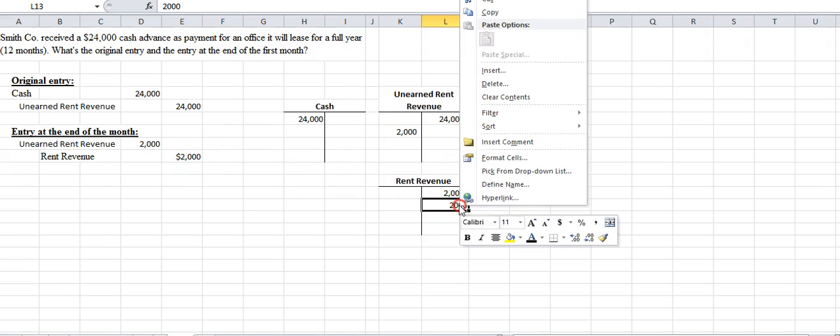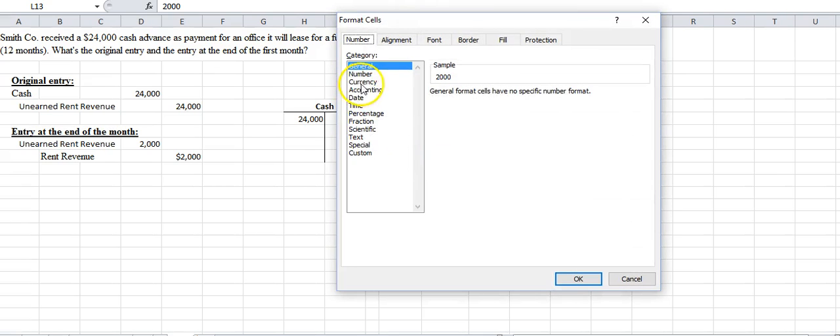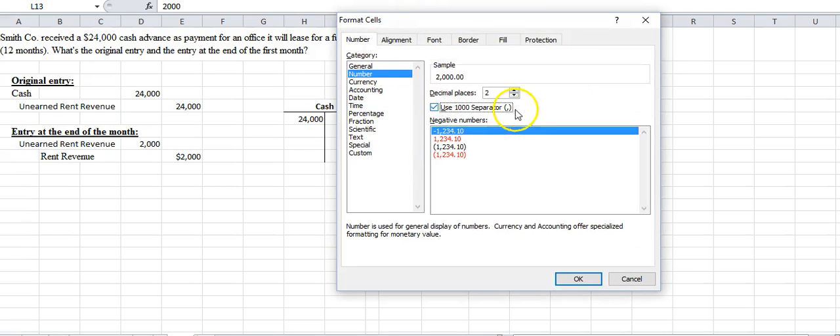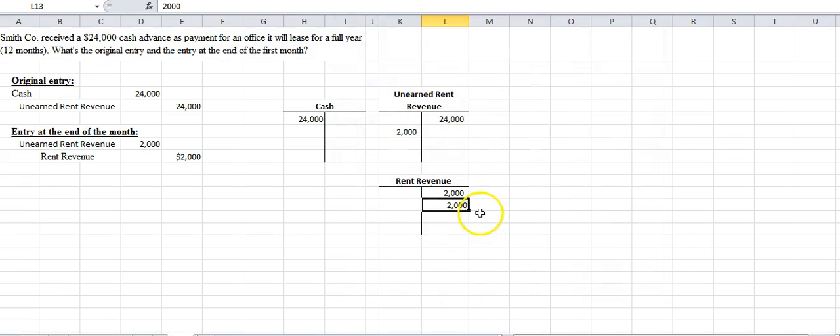Okay. So once you do that for 12 months, let's see if this is 12 months.